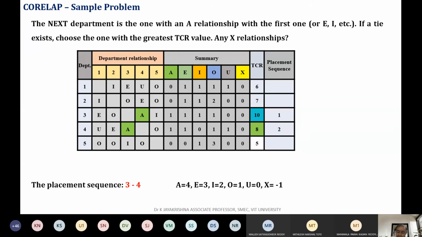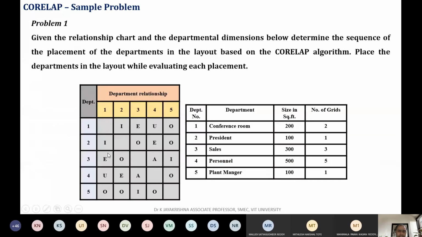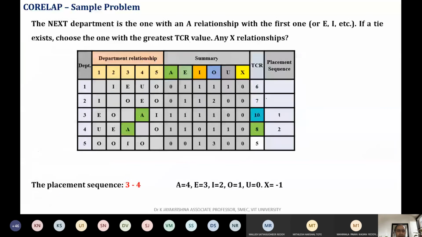When that is the case, I told you, if the relationships are common, then we have to compare them by their TCR value. Correct? So that's the condition. Based upon the TCR value of the first and second department, I'm observing that the first department TCR value is 6 and the second department TCR value is 7. So I have to place department number 2 as the third department because the TCR value of the second department is high.